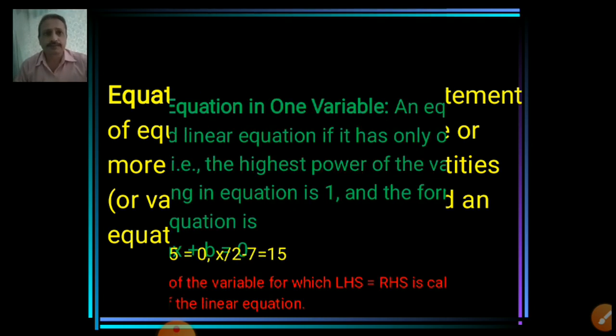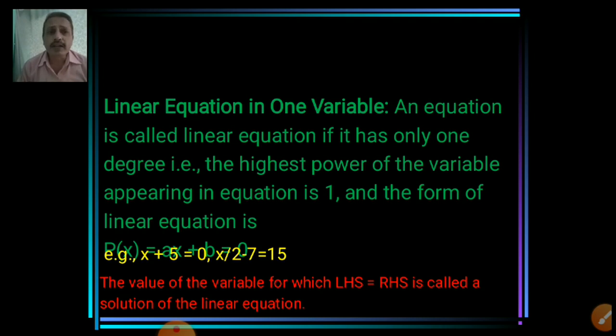Now see, what is a linear equation in one variable? An equation is called a linear equation if it has only 1 degree. That means the highest power of the variable appearing in the equation is 1.